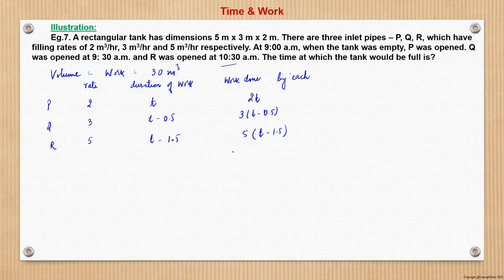So this is total work. Summation will be what? 2T plus 3T plus 5T is 10T minus 3 into 0.5 is 1.5, and this is 7.5. So this becomes minus 7.5 and 1.5 is 9, and this is equal to what? Total work, which is 30, right? 30.